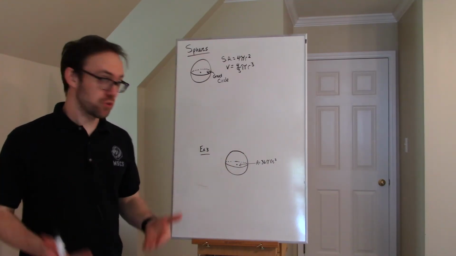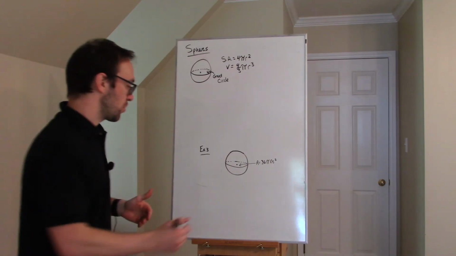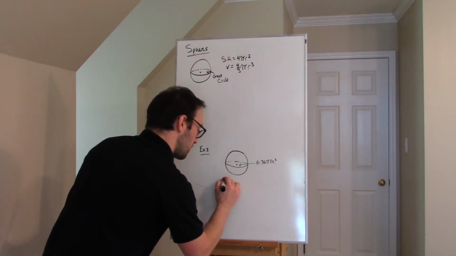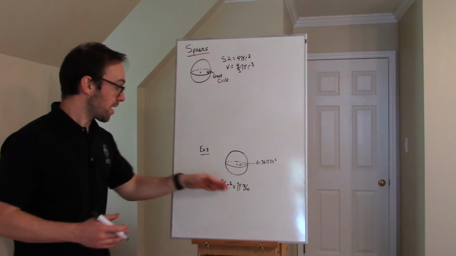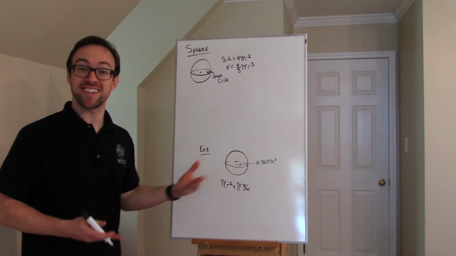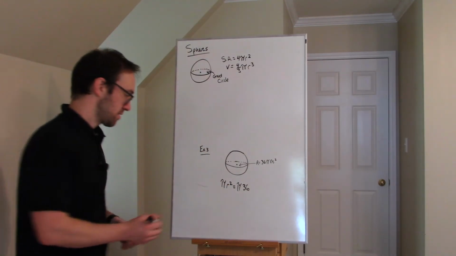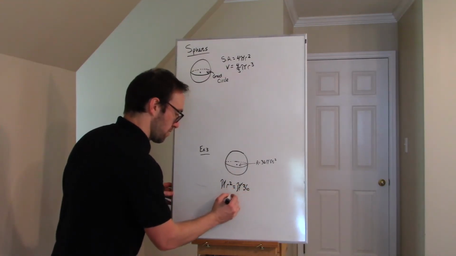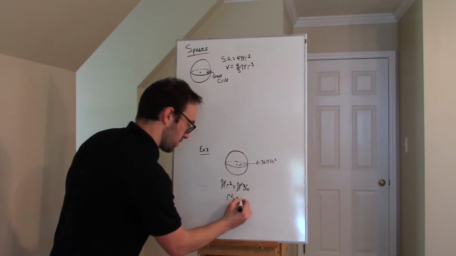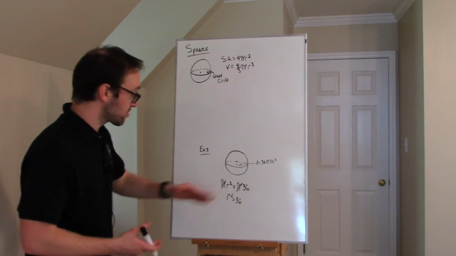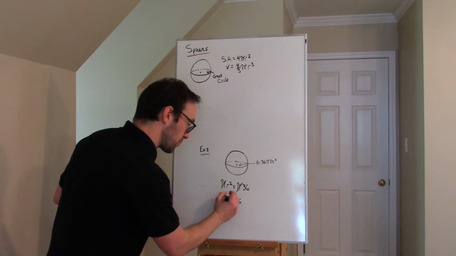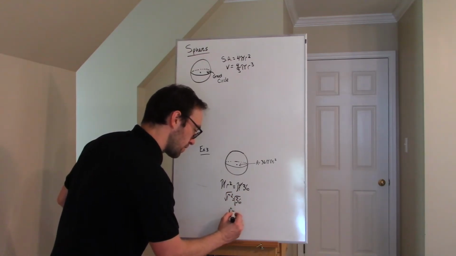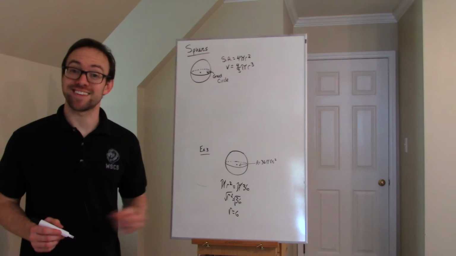So if you think about the area of a circle, pi r squared equals pi 36 in this case. So our radius squared is 36. To solve this for the radius, you would take the square root of 36, and our radius is 6.